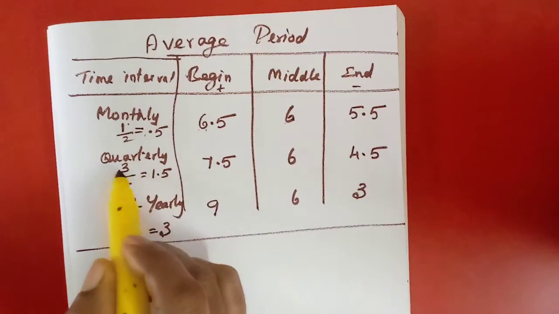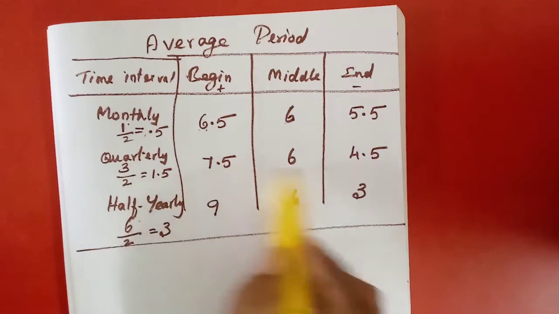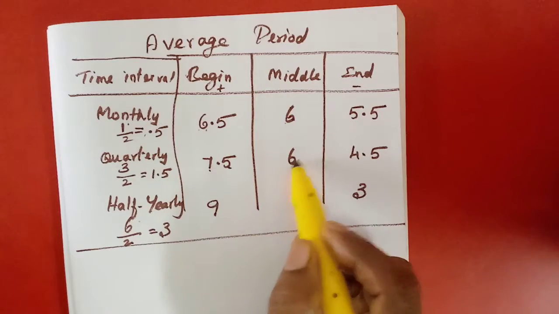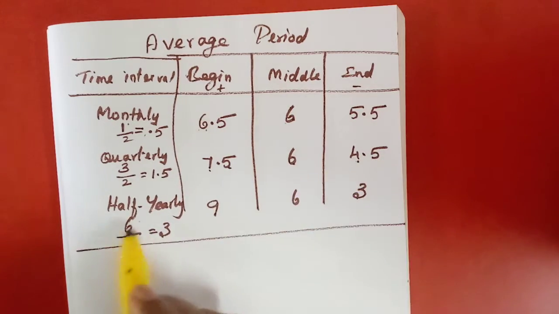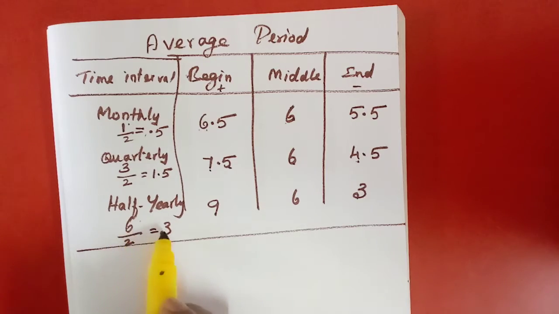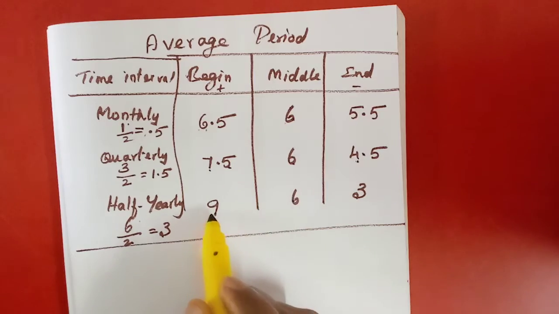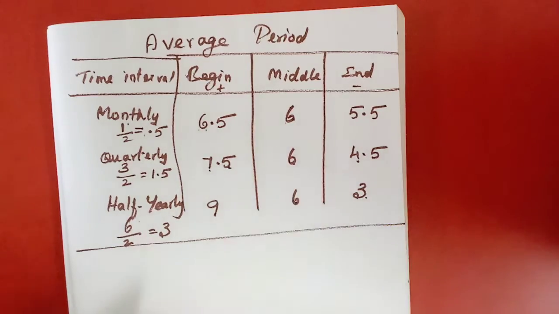For quarterly, which consists of 3 months, divided by 2 is 1.5. Add 1.5 to the 6, 7.5. If you subtract 1.5 from 6, we get 4.5. For half-yearly, there are 6 months; taking the average, we get 3. Add that to the 6, we get 9. When you subtract that 3 from 6, we get 3.